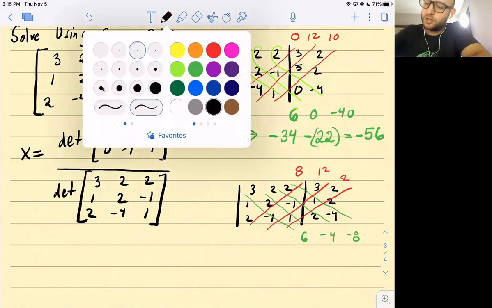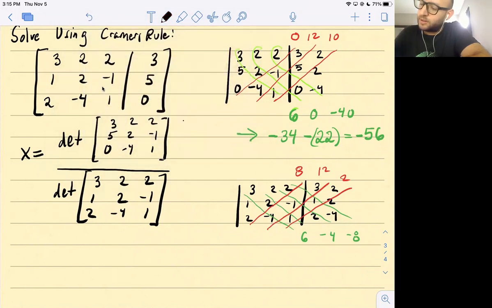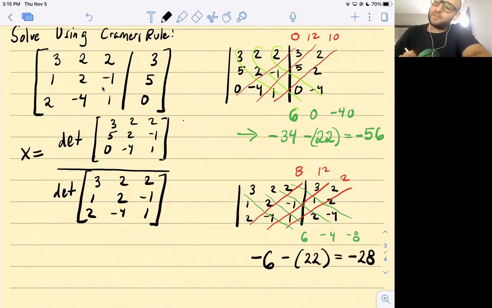So this is going to be 6 minus 4 minus 8. That's going to be negative 6 on the bottom. Minus 22. Uh-oh. Oh, no, that's not bad. That's good, actually. This is minus 28. Okay.